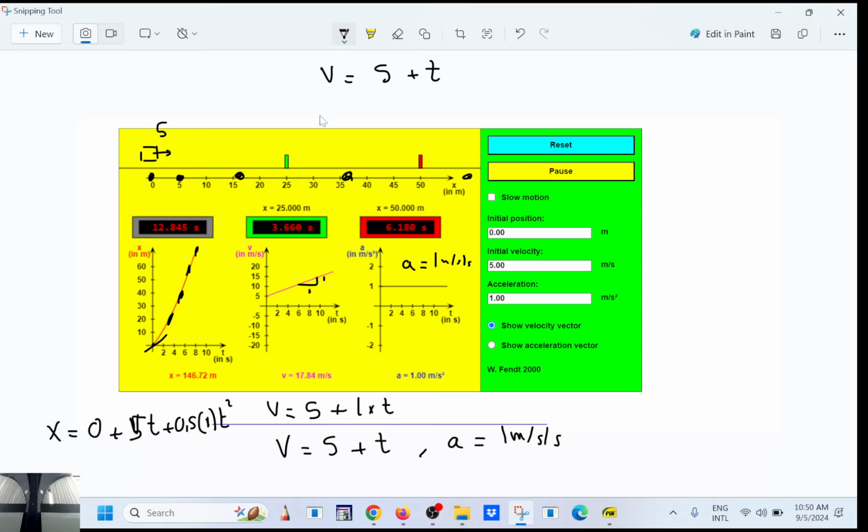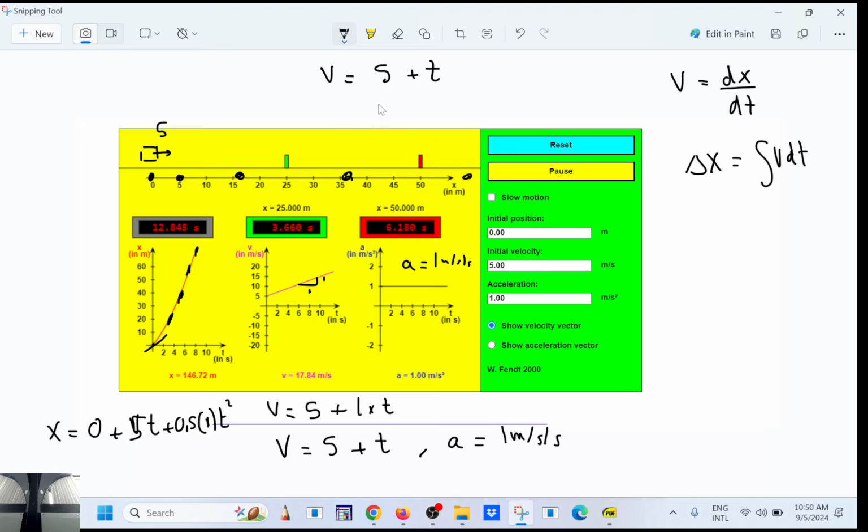Okay, to get the position, you need to integrate, because velocity equals dx over dt. So you can have delta x equals the integral, let's say indefinite integral, of v dt, right?